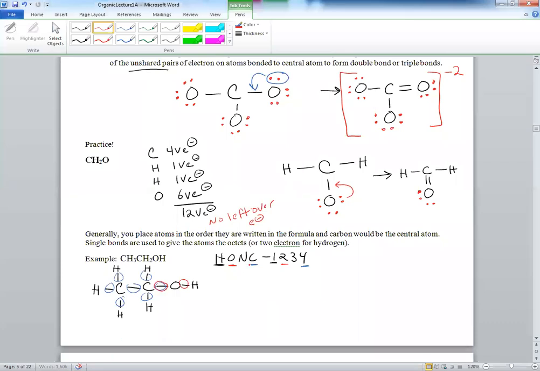Now, what do we have to do in order to give oxygen the octet? So far, it has 4. So if you can't accomplish that by bonds, then you put the lone pairs.